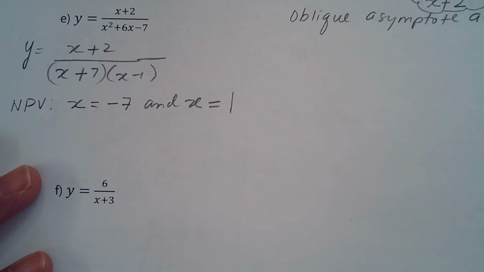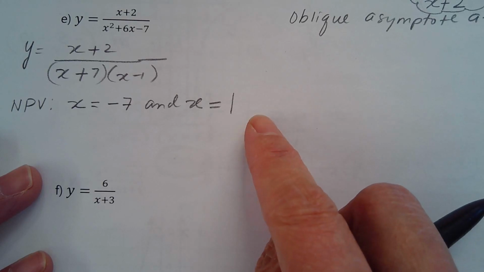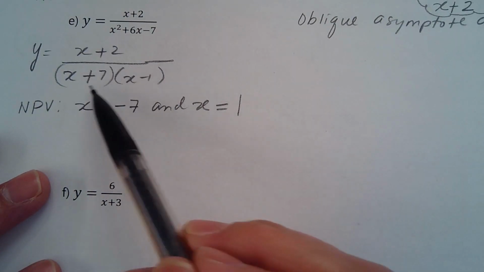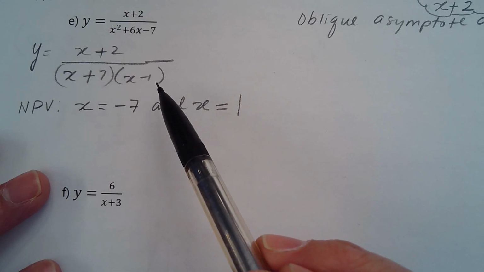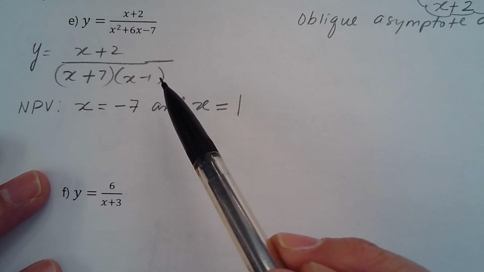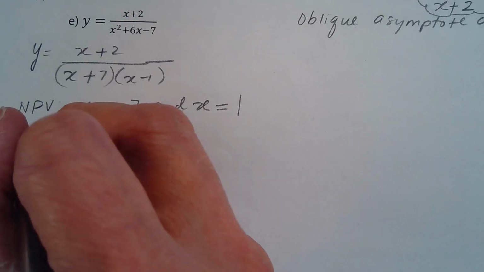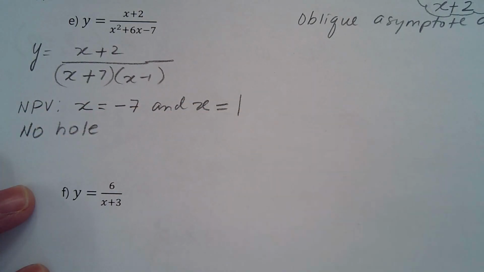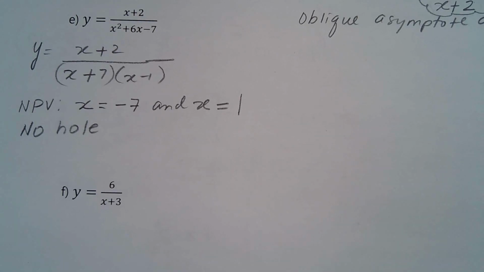Very good. Any question about that? No. Anything cancels? No, nothing cancels. No common factor. So that means there is no hole. No hole because there's no common factor between the numerator and denominator.